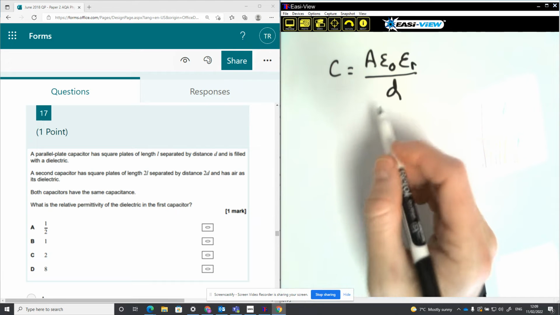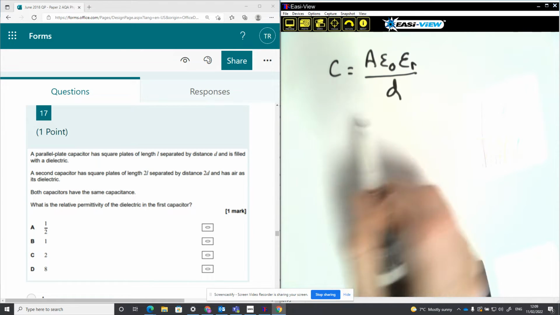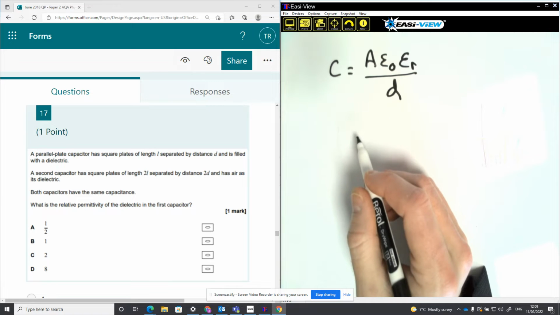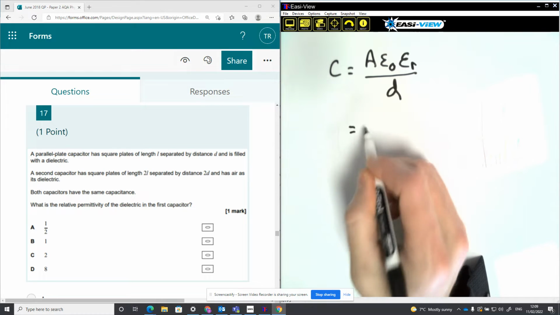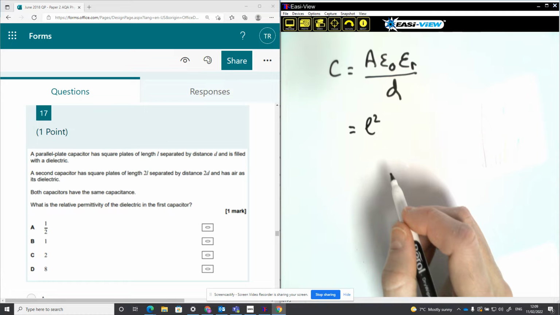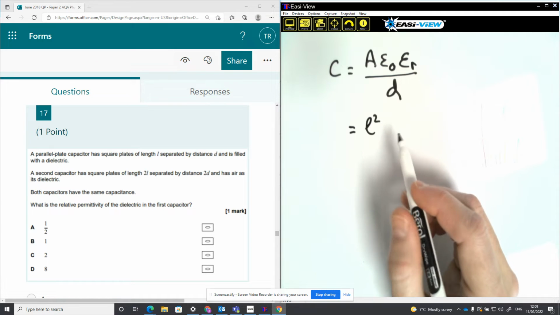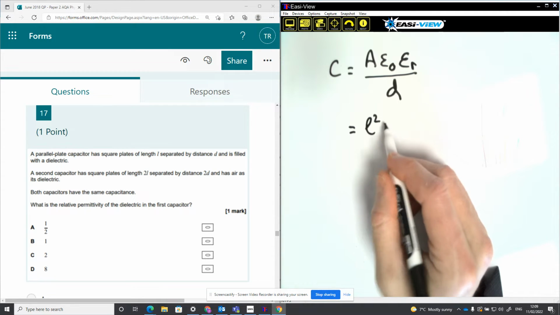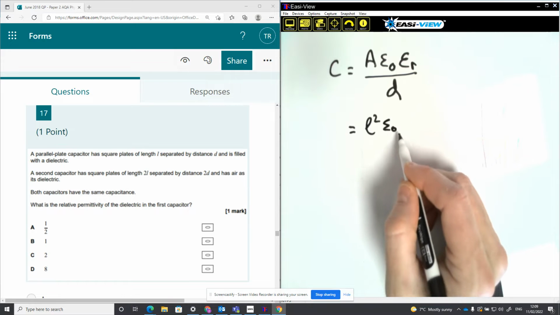So in situation one, the capacitance is C, but the area, we have square plates length L, so the area is L squared. And then we're told the distance is D, and we've got epsilon naught, that remains constant.